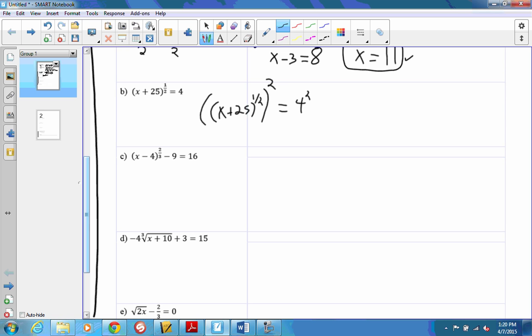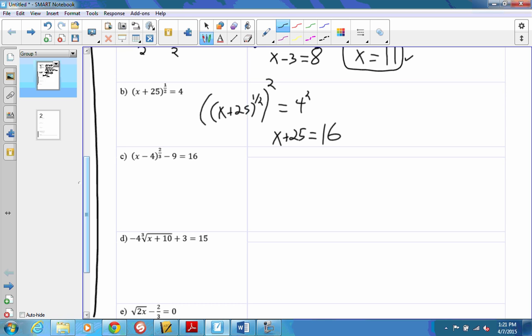And so what happens to my exponents? It's canceled. They become 1, right? Leaving me with just x plus 25 equals 16. Instead of rewriting x plus 25 to the 1/2 power as a radical square root and then squaring to get rid of that square root, I can do the same thing.